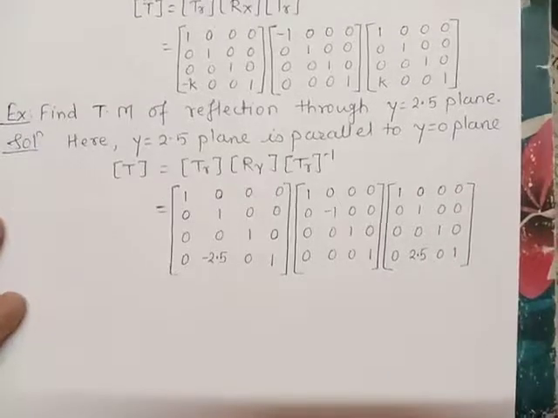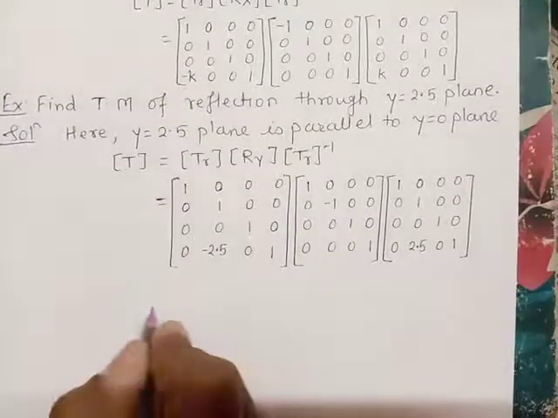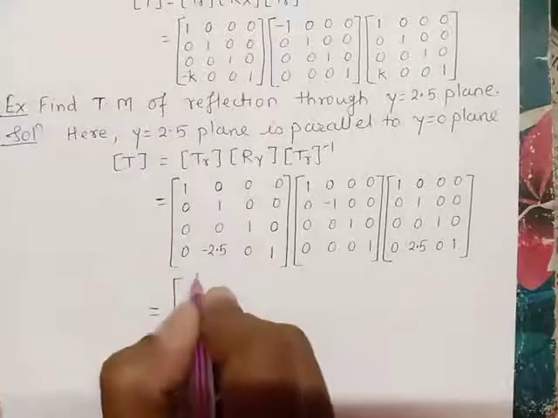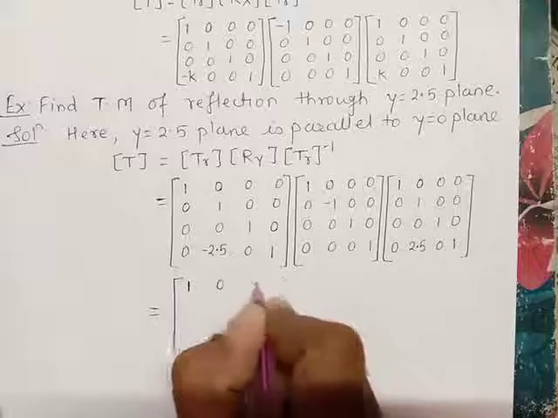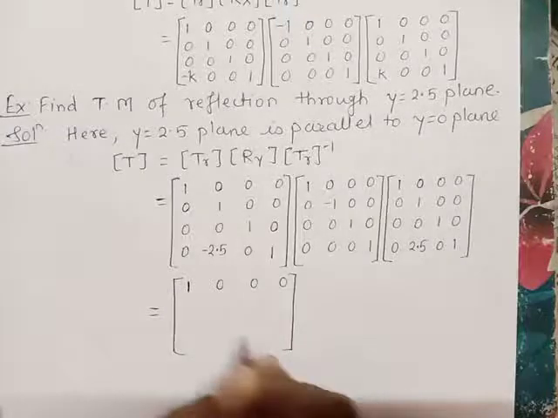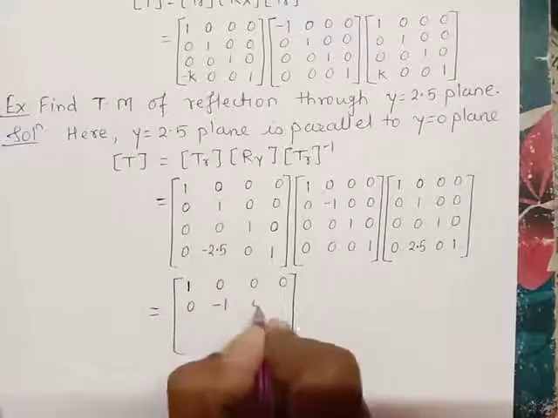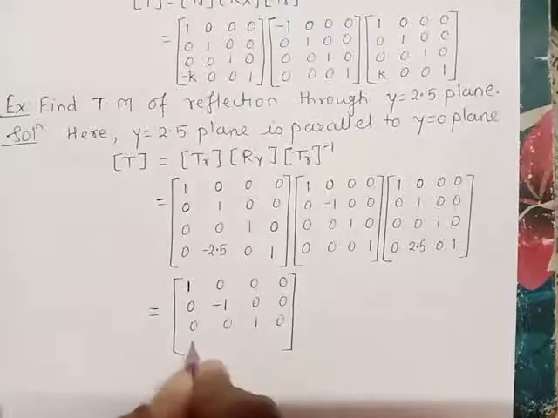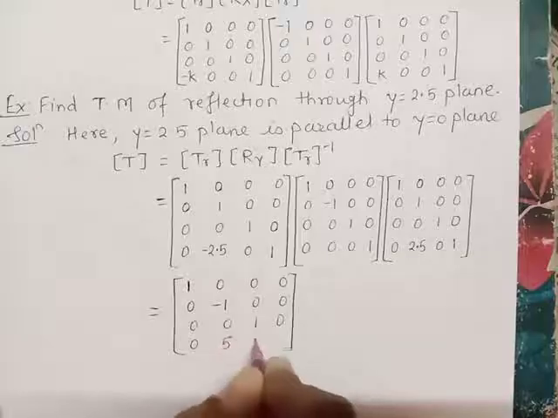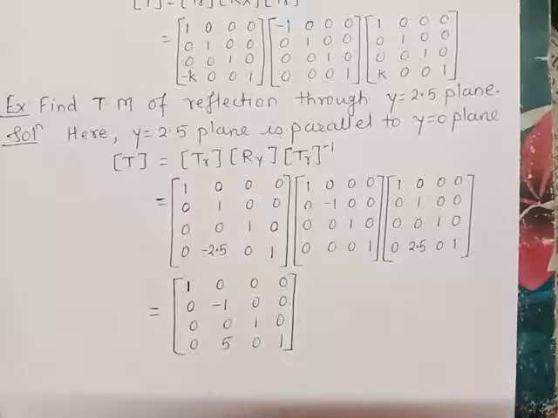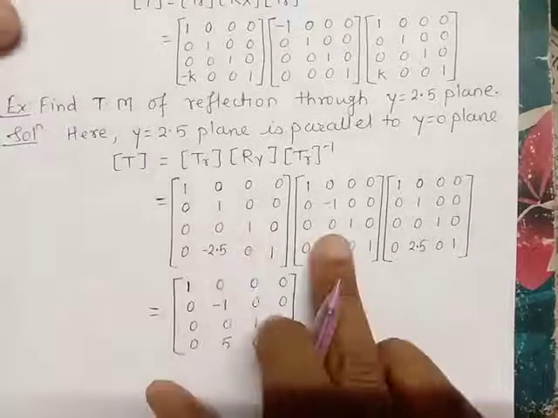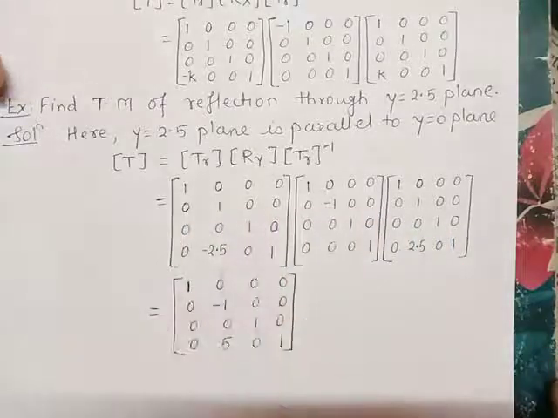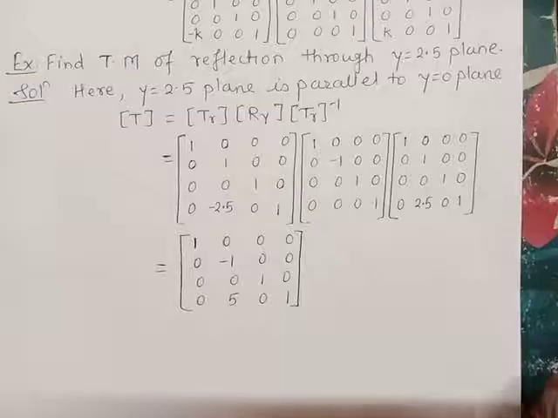So now product of all these three matrices is nothing but we want the same one, and the product is 1 0 0 0, 0 minus 1 0 0, 0 0 1 0, 0 5 0 1. You can check that product. Take product of these two or either these two, then that one with this. Whatever you want, you can do that.